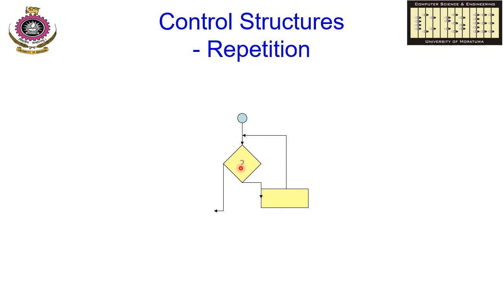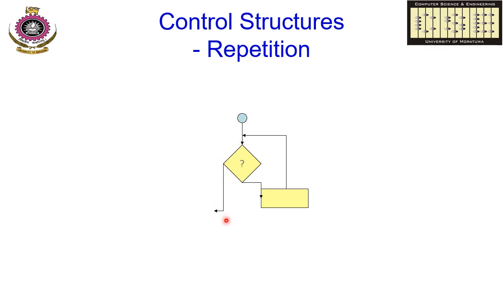So this happens in a cycle, and until this condition is satisfied, the execution of the program will go through this block of code, and it will circularly look at this condition, and repetitively execute this code block. And there will be a time that this condition is not satisfied, and that's when the program will go out of this circular or repetitive operation.